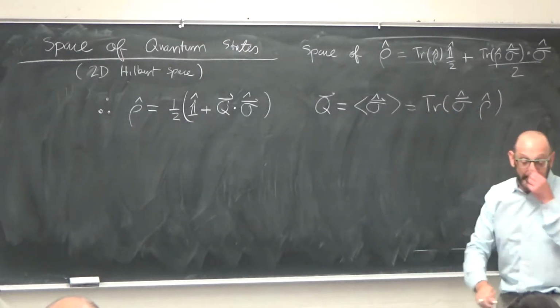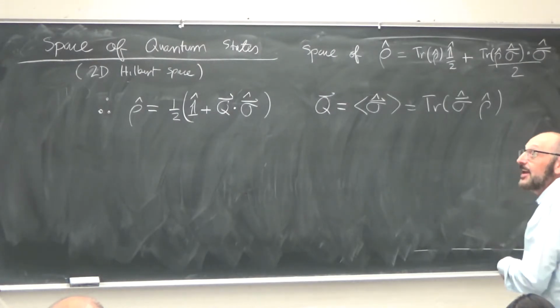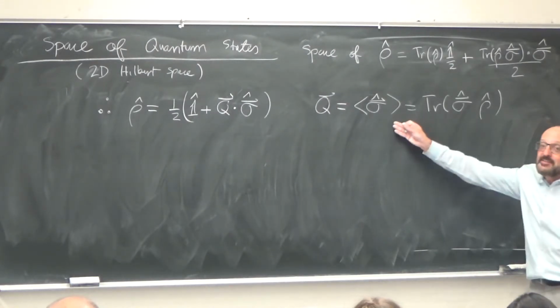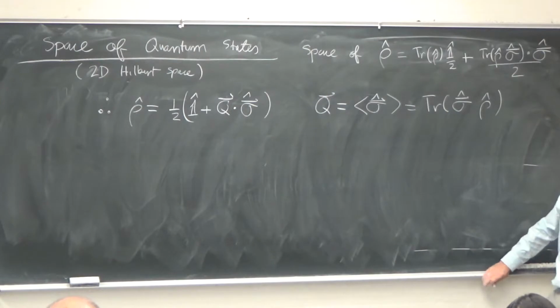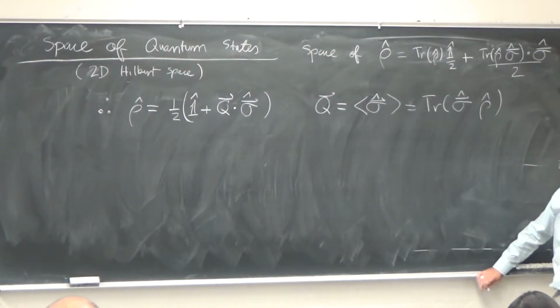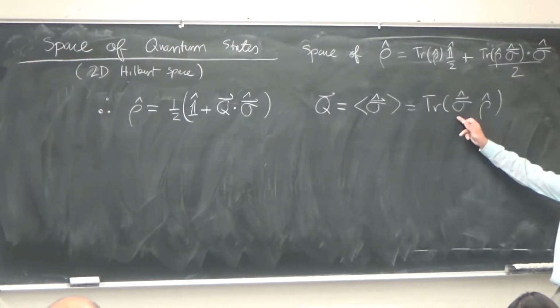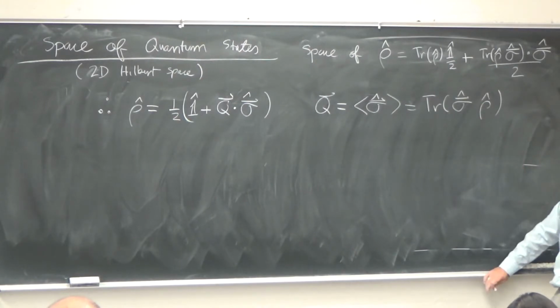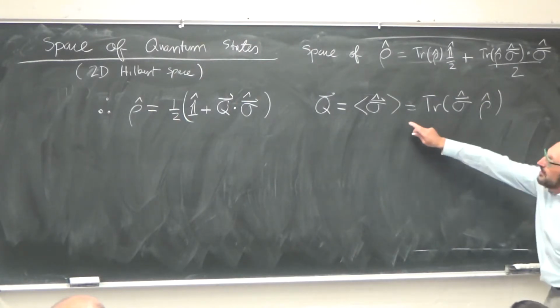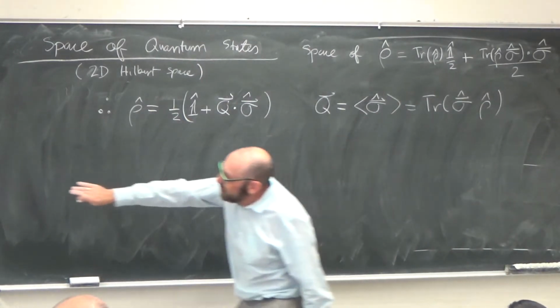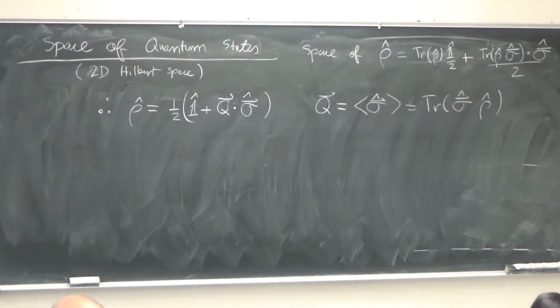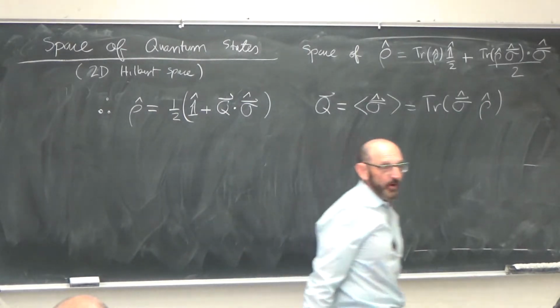Because we remember that the expected value of an observable we obtain by taking the trace of that observable with the state. This is the generalization of what I wrote down here. But now, for an arbitrary state, pure, mixed, or otherwise.